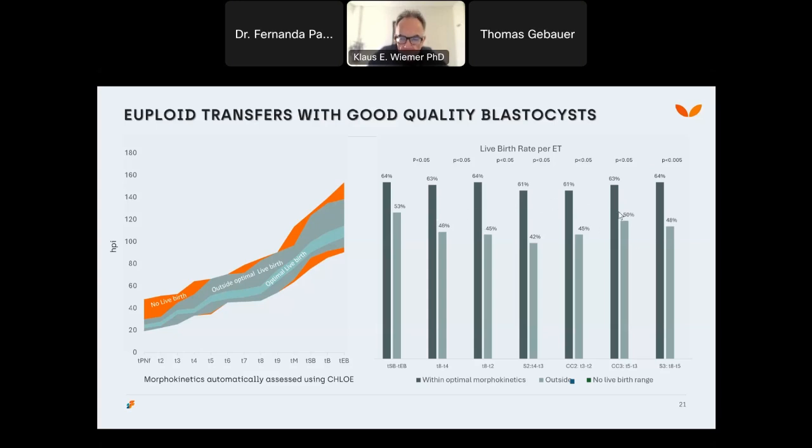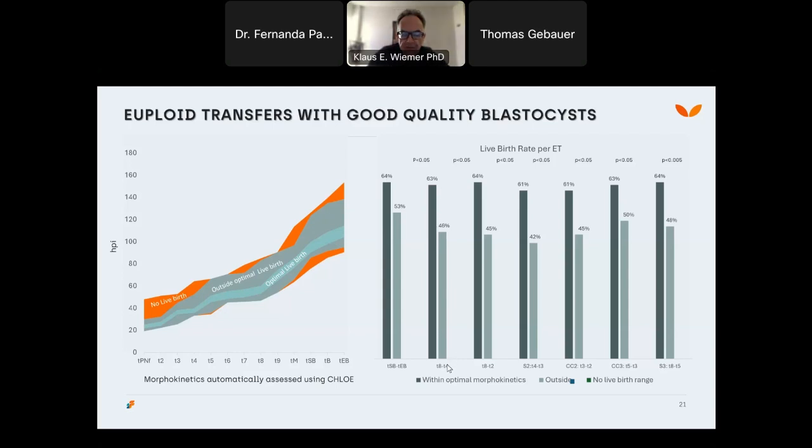So again, this is only euploid embryos. So for example, for those embryos where time to start of blastulation to end of blastulation occurred outside of the optimal window, we could see that there was a 53% pregnancy rate in those cases compared to 64%.